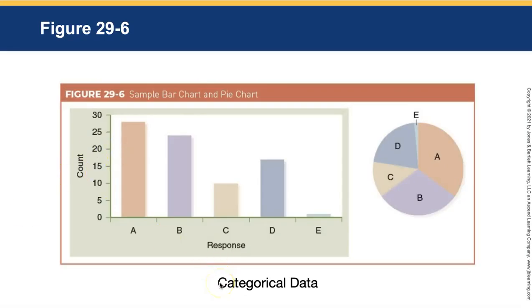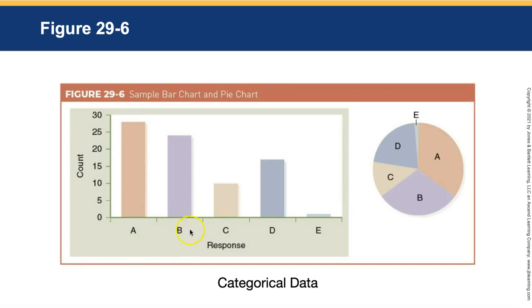So this is categorical data, and this is a bar chart. These are all different categories of responses. There is no particular set order for these responses to go into. They're not numerical. They're not continuous. They're categorical. Let's say I'm taking a survey of what's your favorite pet.